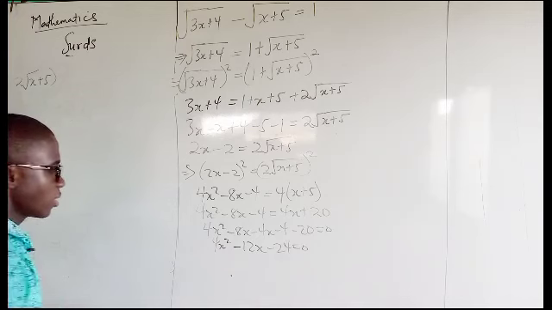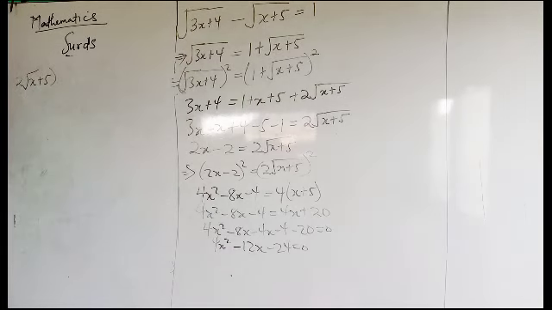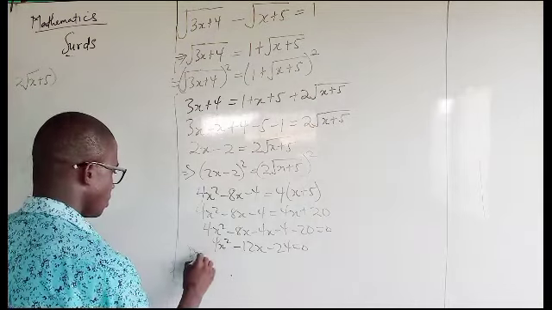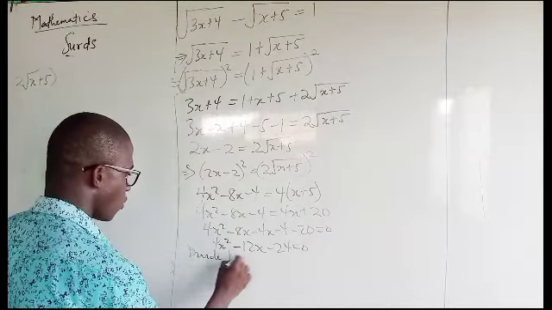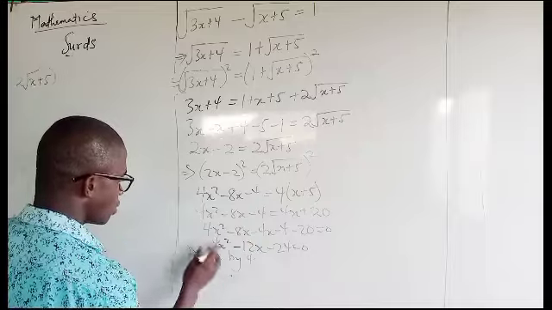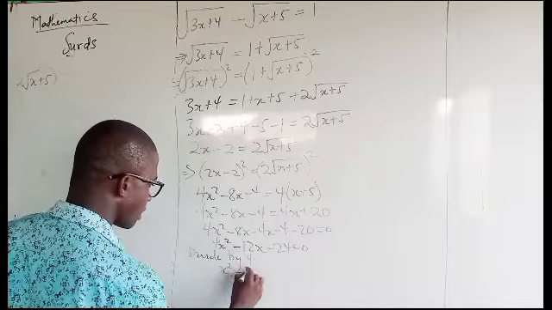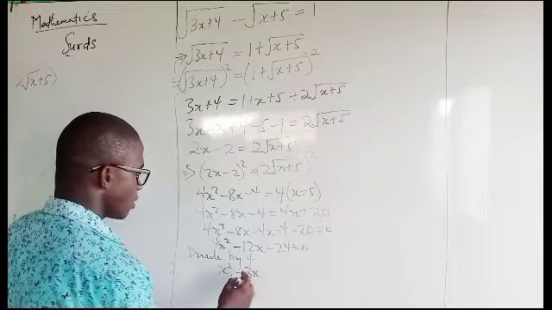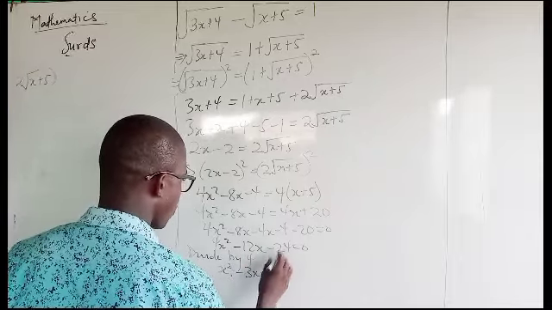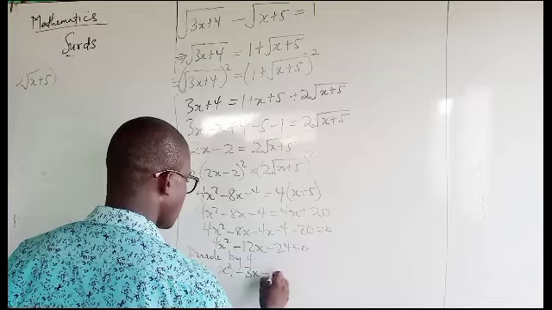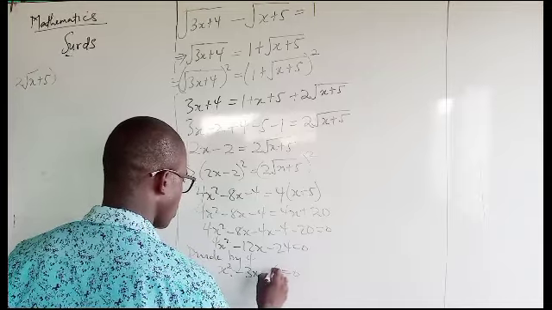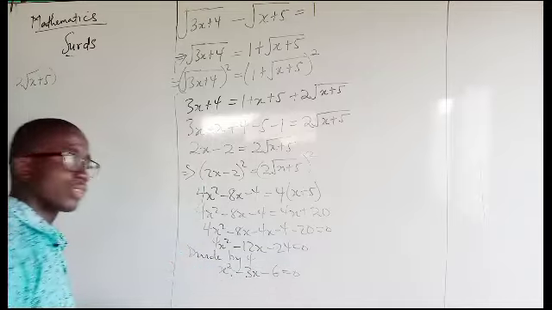So this you can reduce by dividing by 4 to reduce the numbers. When you divide this by 4, you get x squared, then 3x, and now divide this by 4, that will be 4. It's equal to 0.